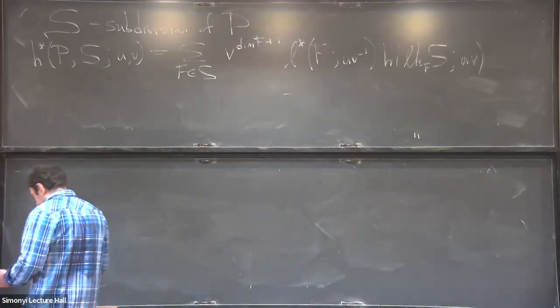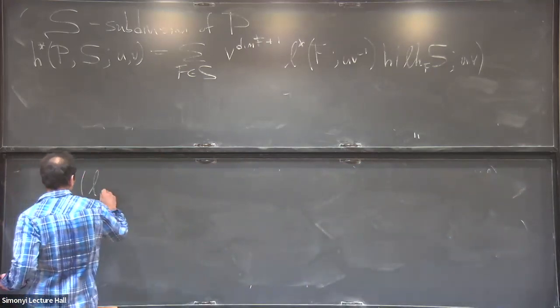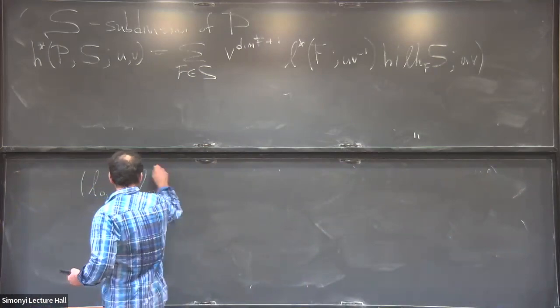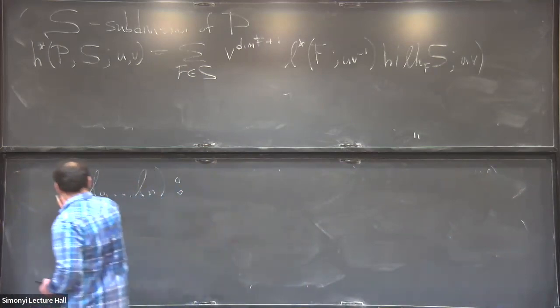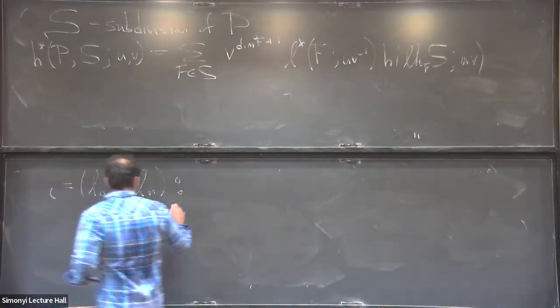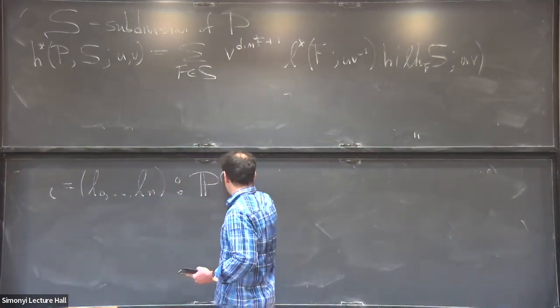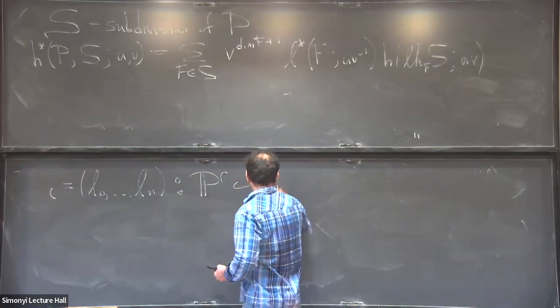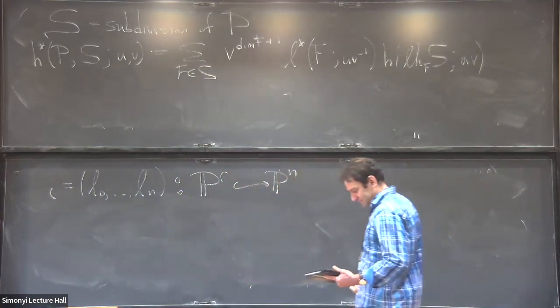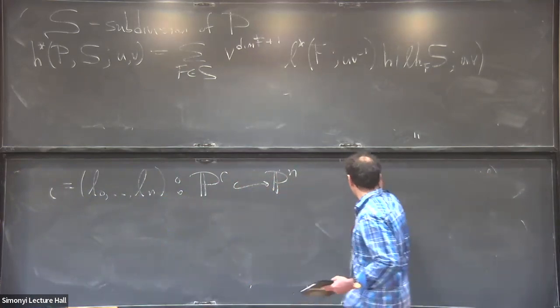So if our hyperplanes are cut out by these linear forms L0 through Ln, this induces a linear embedding of projective space in P^n.